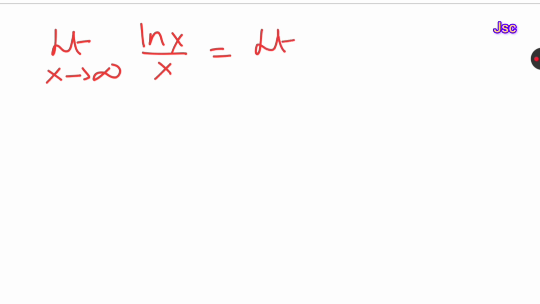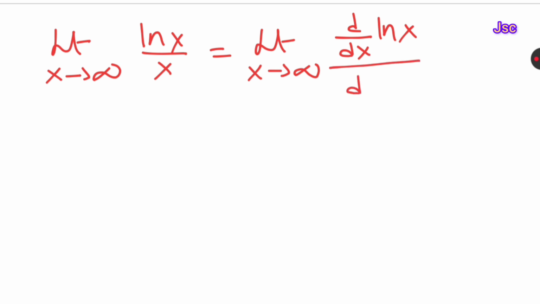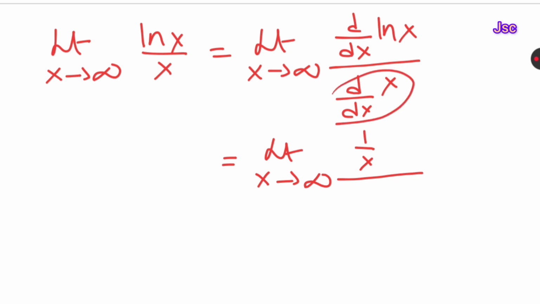Limit x tends to infinity, derivative of ln x over derivative of x. We know that the derivative of ln x is 1 over x. So let's write 1 over x over the derivative of x, the value is 1. So now what we have, 1 over x over 1, which is 1 over x only. So limit x tends to infinity, 1 over x.